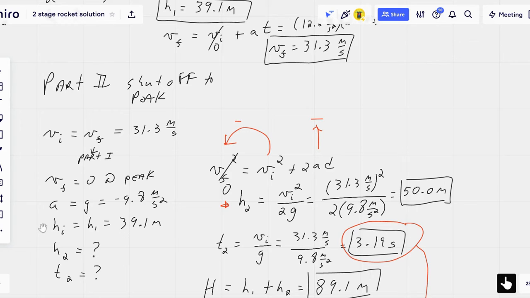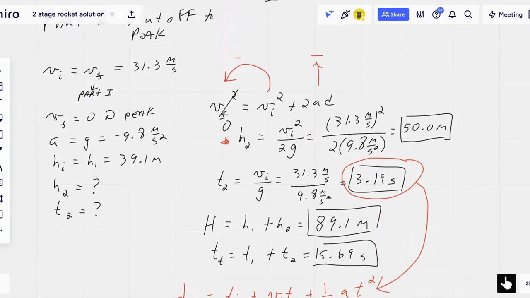The initial height for the second part is whatever I got for H1 in part 1, which is 39.1 meters. H2 is what I'm looking for, which is how high it rises to the peak. And T2 is also what I'm looking for, which is how long it takes to get to the peak. Once I get that information, I can add it to the time from T1, part 1, and I can add it to how high it rose in part 1.